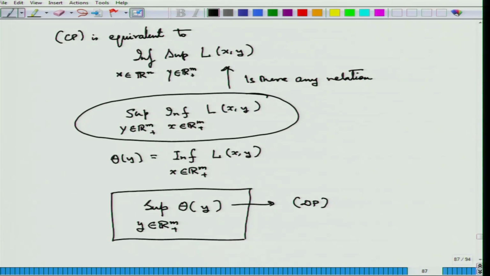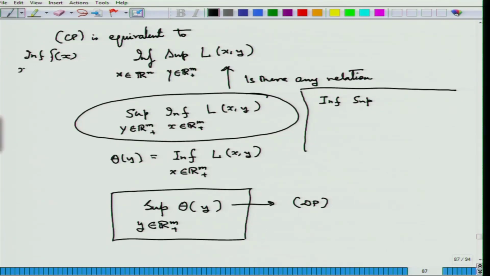Just like the game theory people did, I can ask this question again. So this is the minimum value. If I want to find the minimum value, or infimal value, of f(x) over x in the feasible set C, it is this.